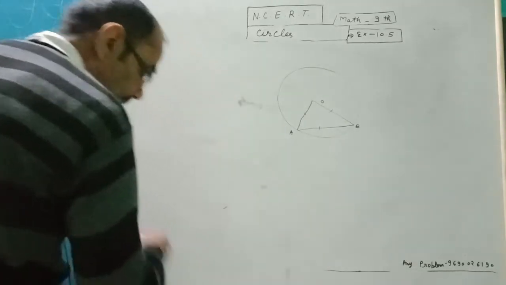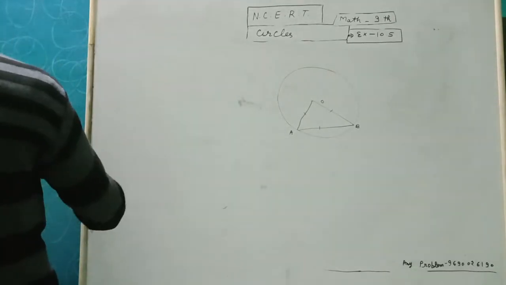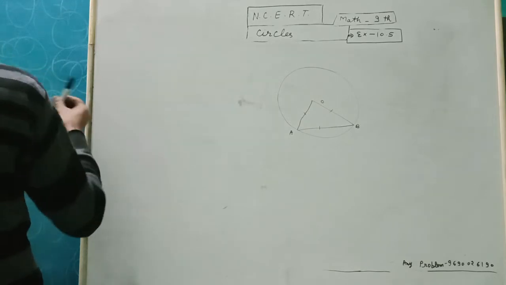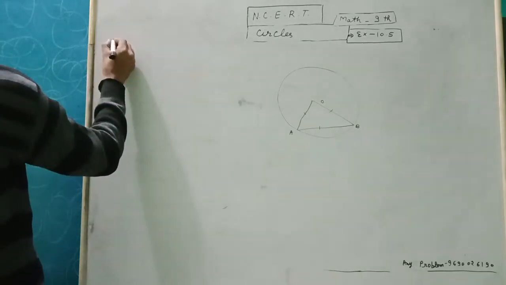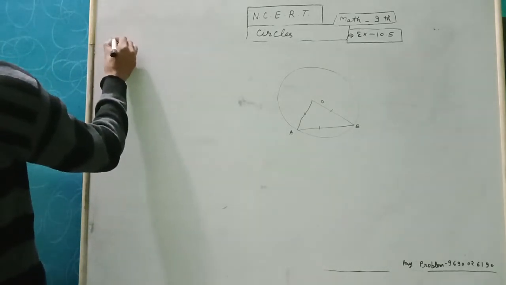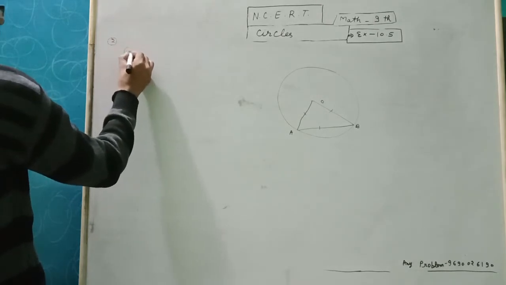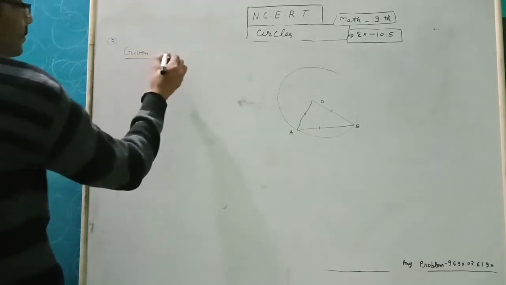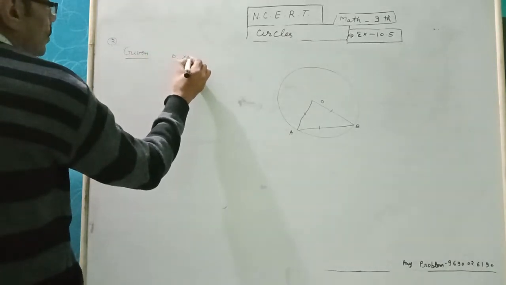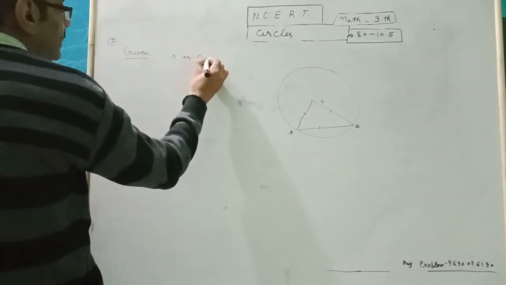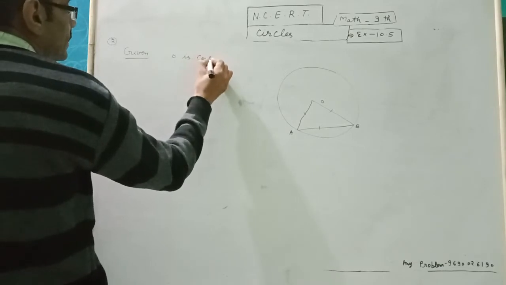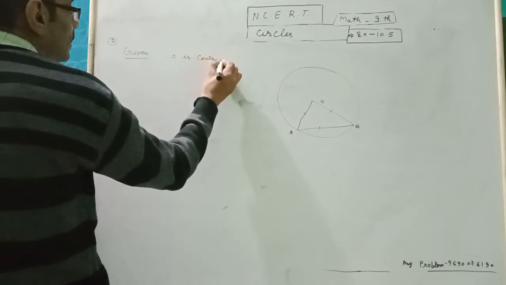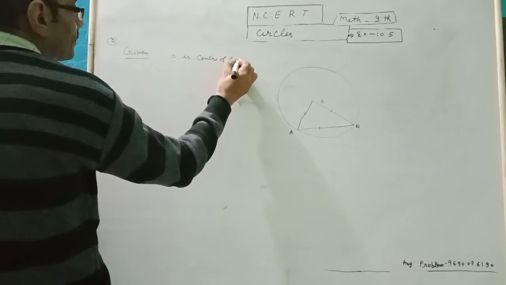Question number 2 is given. O is the center of the circle.